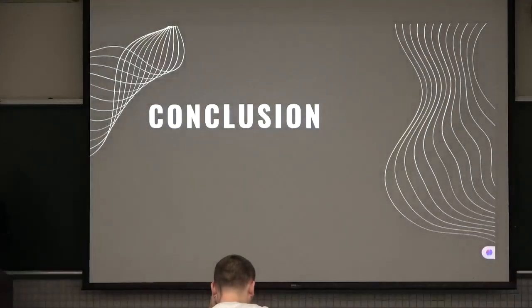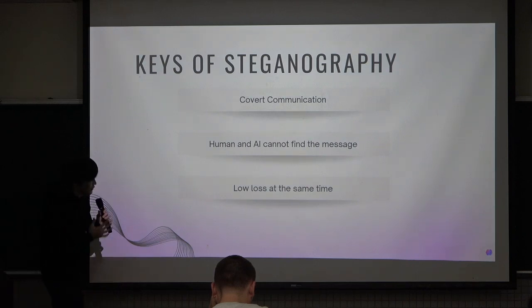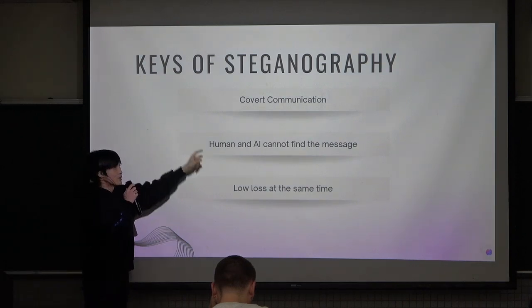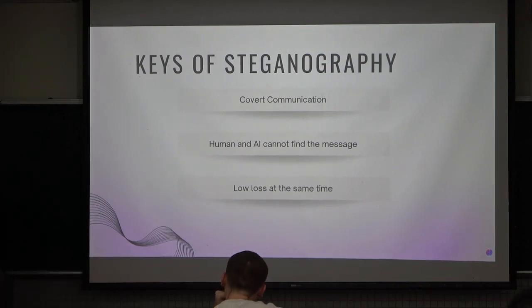So the conclusion is that the key of steganography is to convert the communication so that humans and AI cannot find the message hiding in it, with low loss at the same time. We don't want to lose our information when we are hiding.